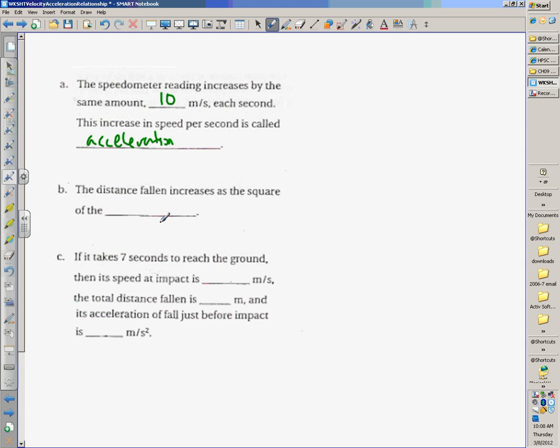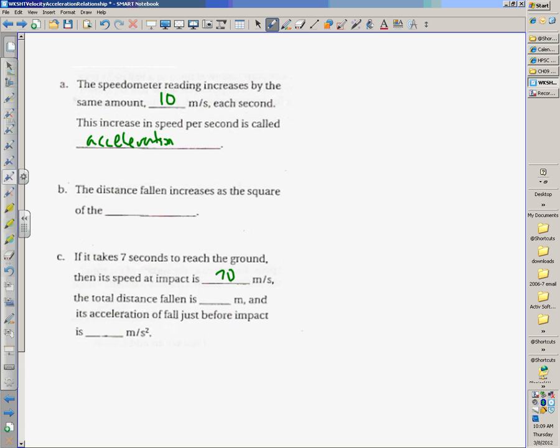Okay. C. If it takes 7 seconds for it to hit the ground, the speed at impact is going to be what? 70 meters per second. The total distance falling, there's a couple ways we can do this.